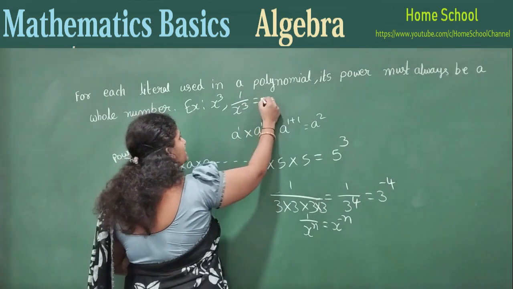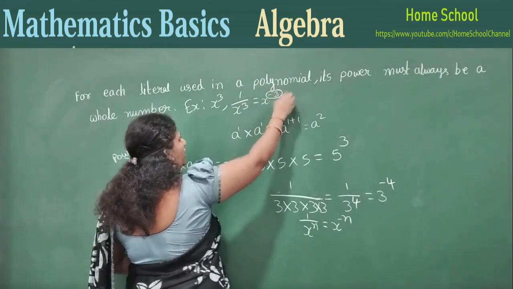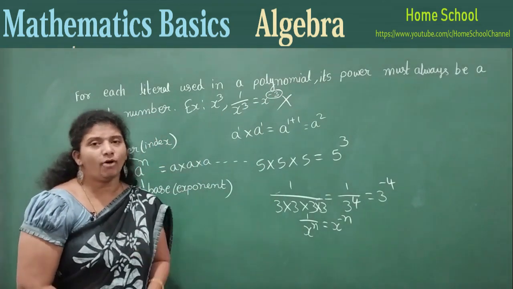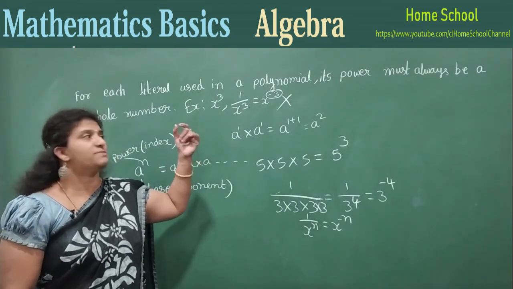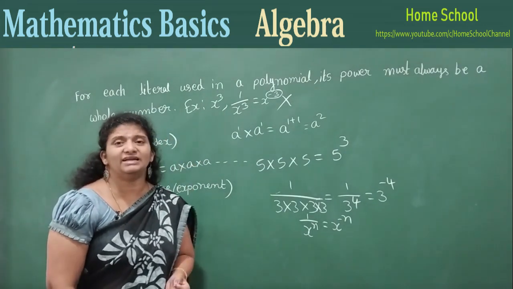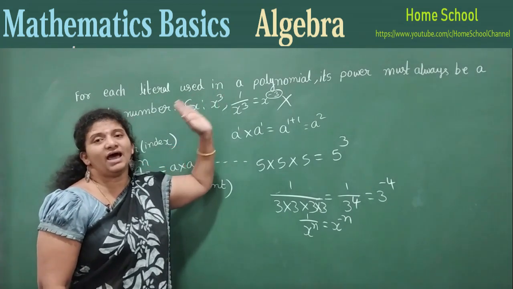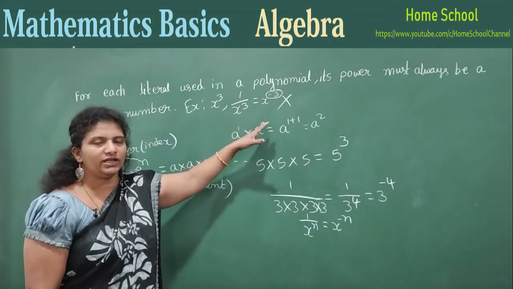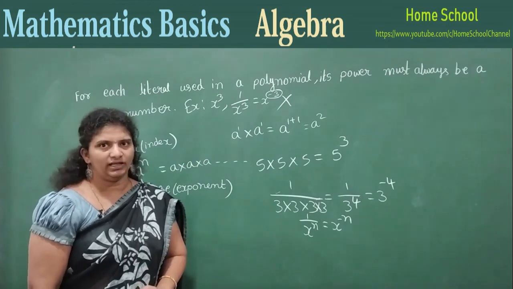If I bring this up, x power minus 3, which is not a whole number. Therefore, this is not a polynomial. What is the rule here? In a polynomial, its power must always be a whole number. If you get anything other than a whole number, or a negative value in your power, then it is not a polynomial.